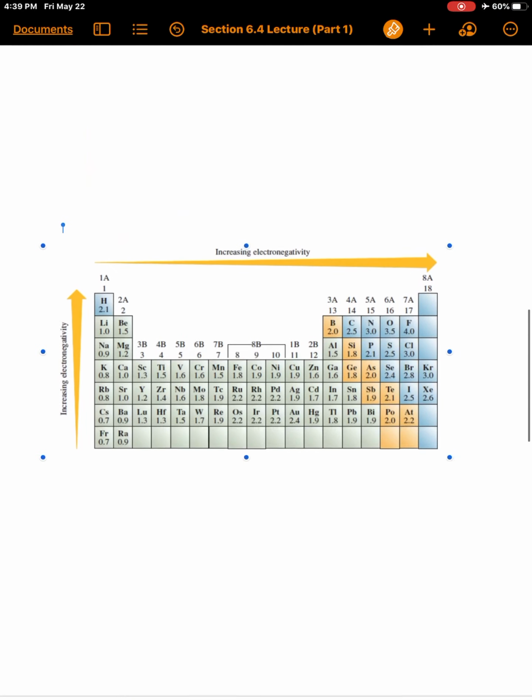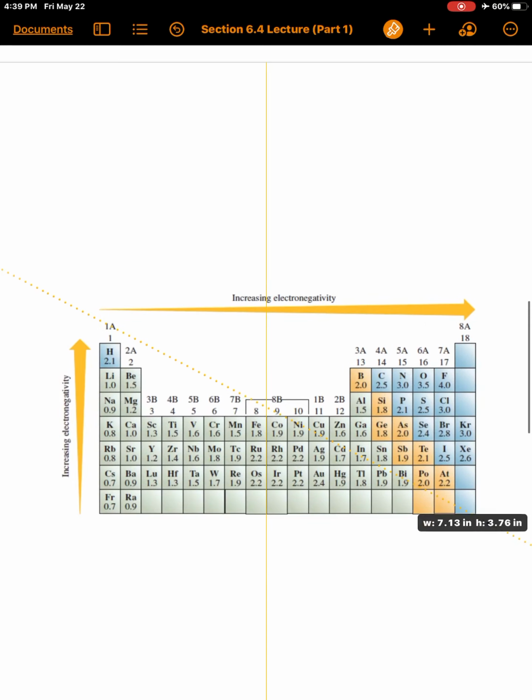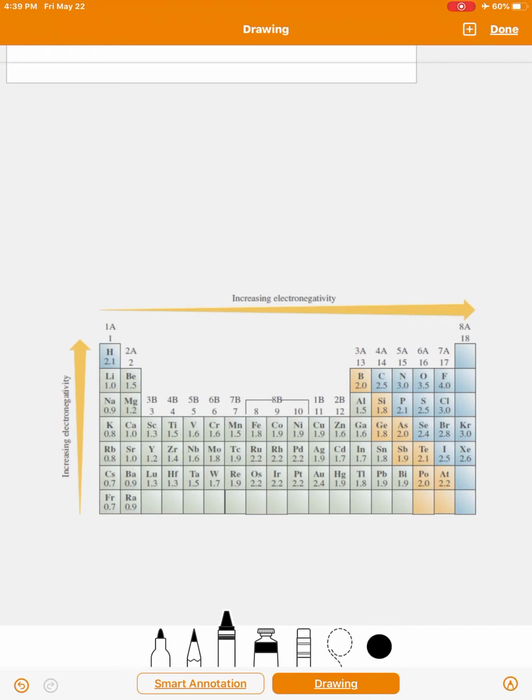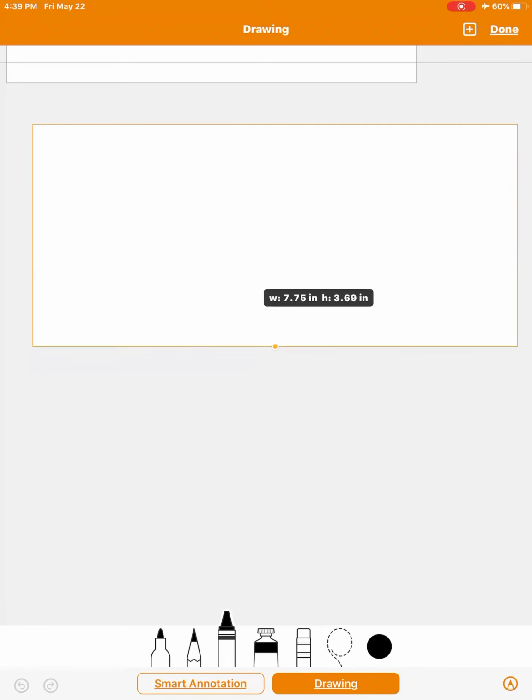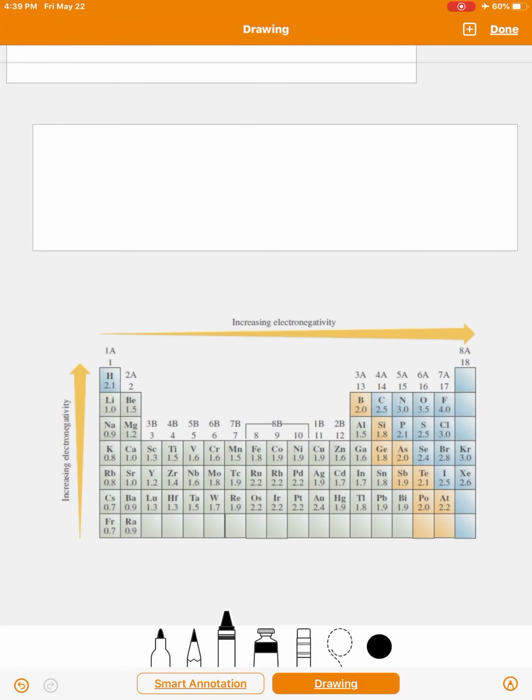So let me bring this up here so you can see it. Electronegativity. Okay? So take a look at the periodic table here. This is a chart of the electronegativity. If you take a look at this chart, what you'll see is that each atom, each element, has an assigned value of electronegativity.